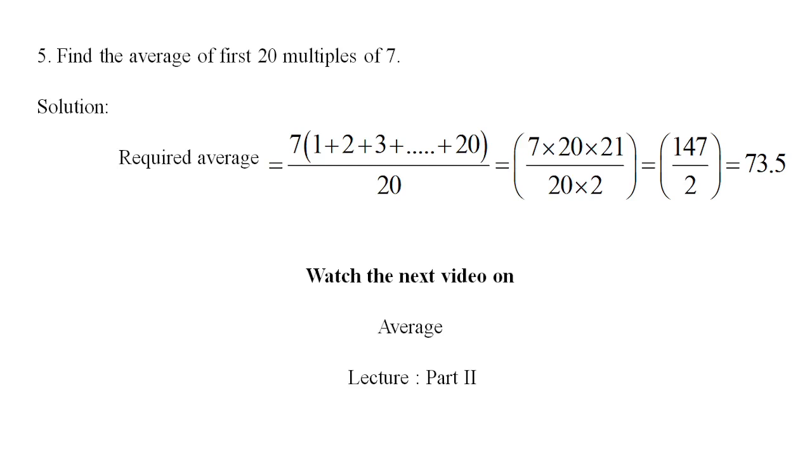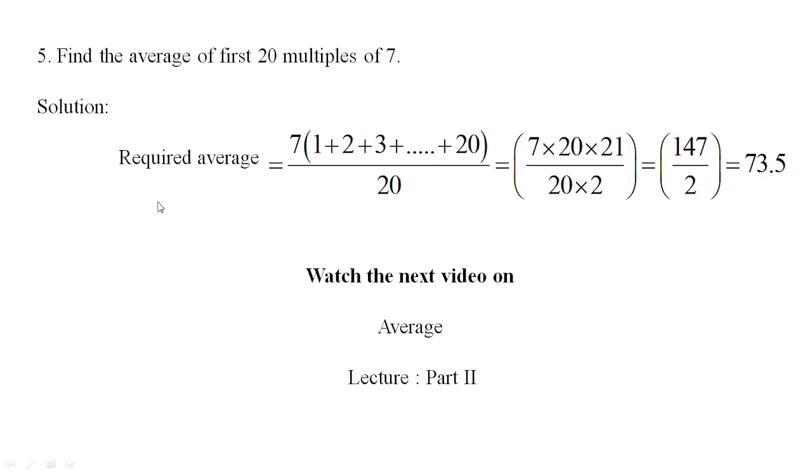Now so far as factors are concerned, factors are parts. Suppose 8, the factors of 8 are 2, 4, 1, all these are factors of 8. When a number is divided by its factor, a whole number is obtained.